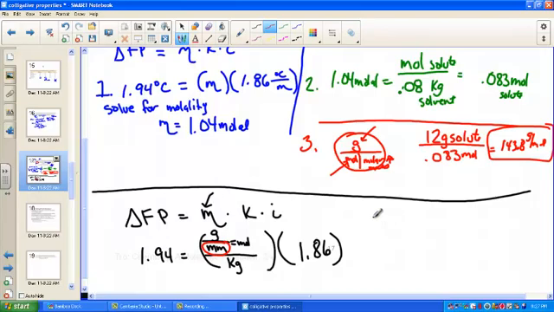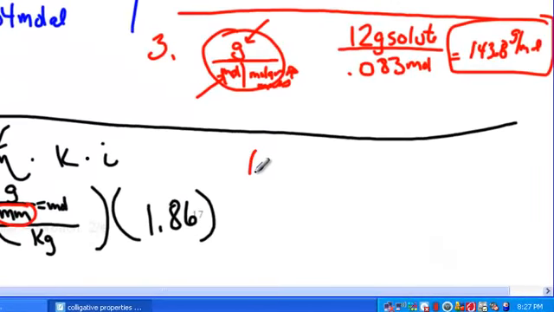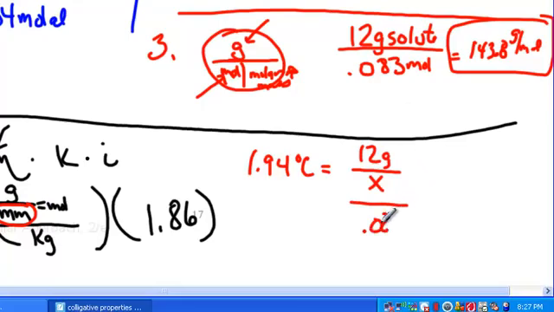So if you're like me and just want one series of number crunching instead of 3 separate steps, and it's just a preference, I look at this and say 1.94, the change in the freezing point, is equal to 12 grams of solute over X, my target variable, the molar mass, per kilogram of water. The kilogram was 0.08 kilograms.